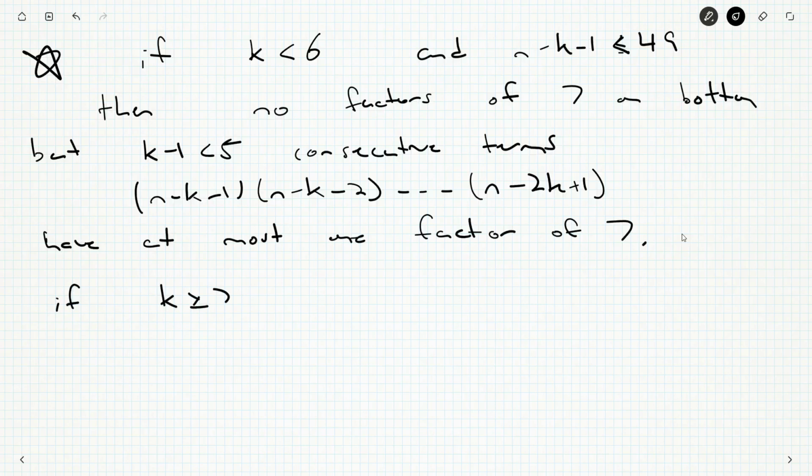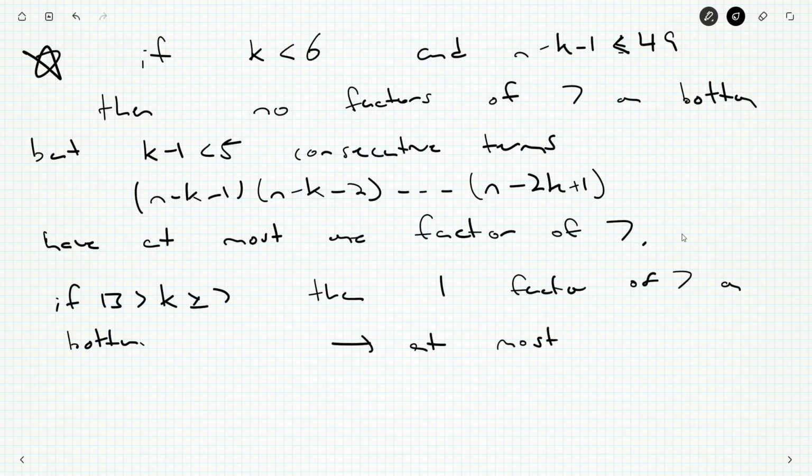If k is greater than or equal to 7 and less than 13, then one factor of 7 on the bottom, and at most 2 factors of 7 on top.